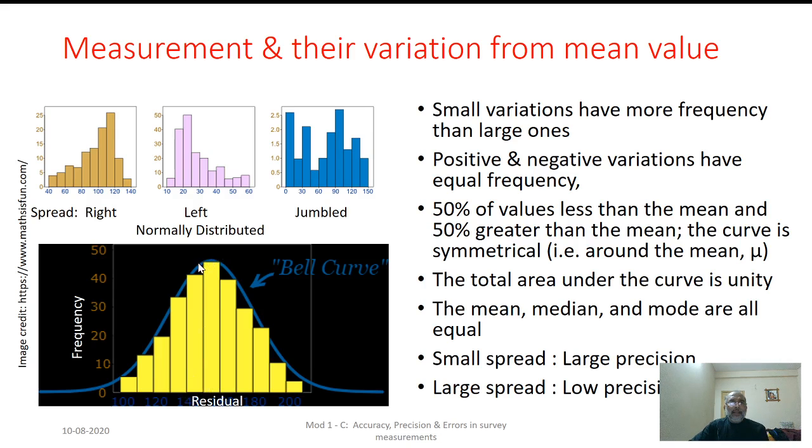As we consider the narrowness of the spread, the values will be quite close to each other, hence there will be high precision. Whereas as we consider a large spread, the values will be spread on either side considerably, and hence this large spread indicates that the data is less precise.